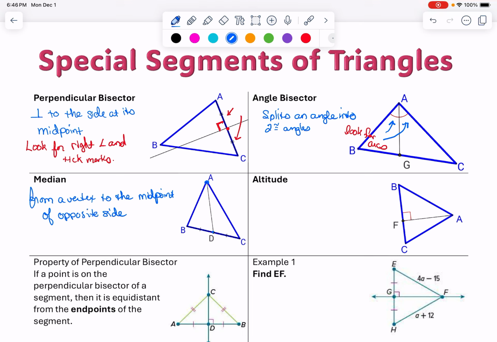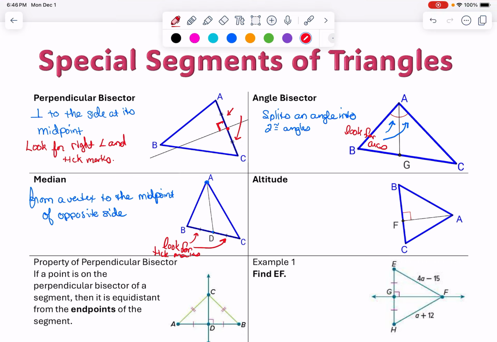So like a bisector, it has tick marks, but only tick marks. You don't see a perpendicular mark. The angle won't necessarily be a right angle.